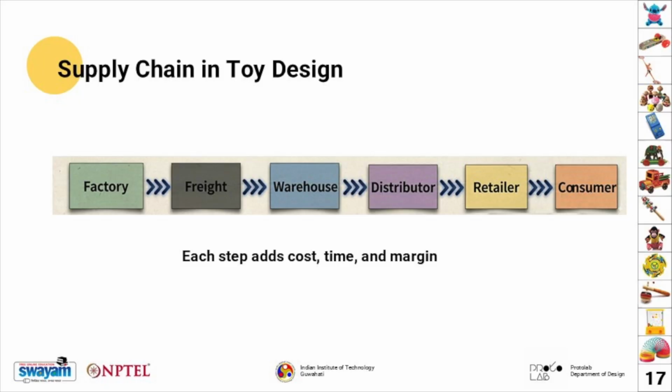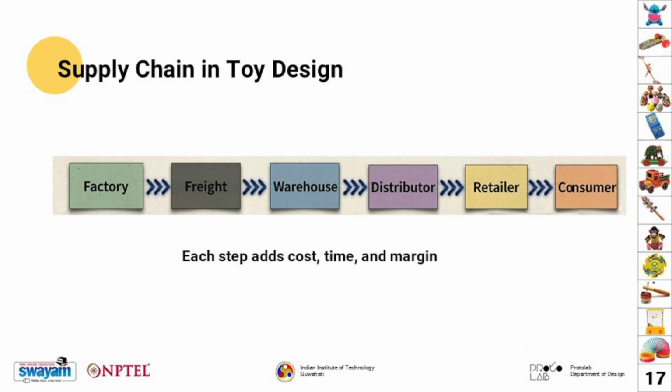Once a toy leaves the factory, it does not go straight into a child's hand. It enters a supply chain, and every step in that chain adds cost. After manufacturing, the toy must be packed into cartons and transported, sometimes across cities, sometimes across countries.